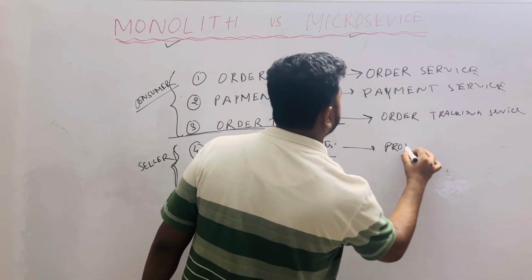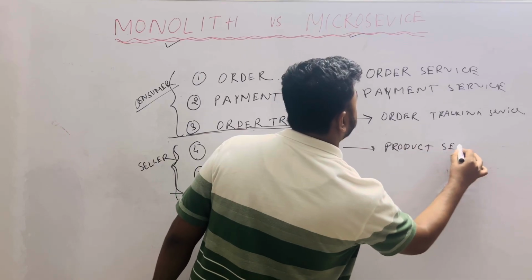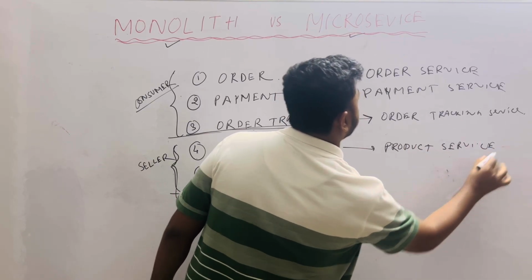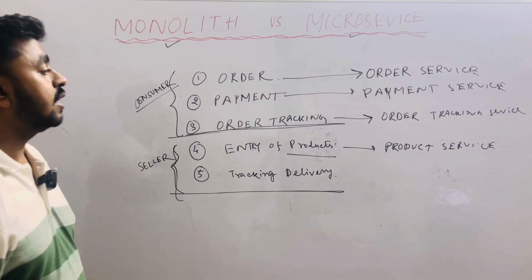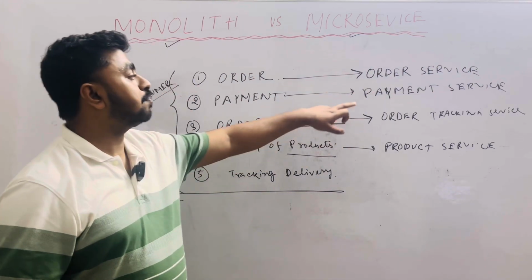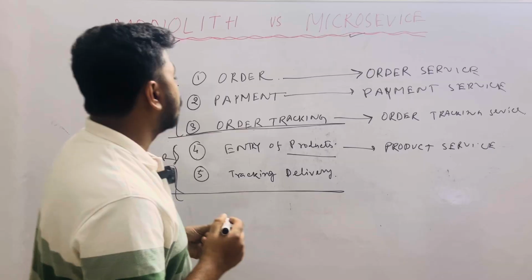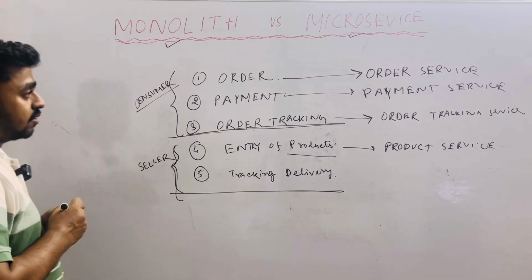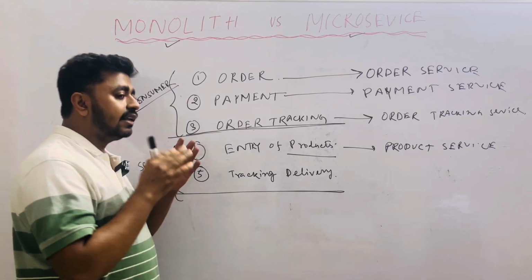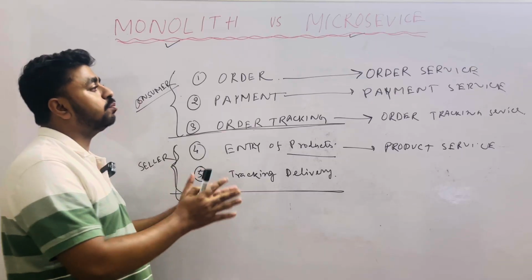To make things simple to understand, I am limiting to these four microservices: the order service, the payment service, the order tracking service, and the product service.